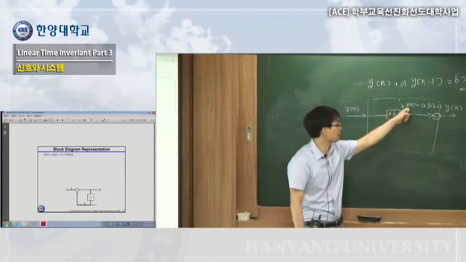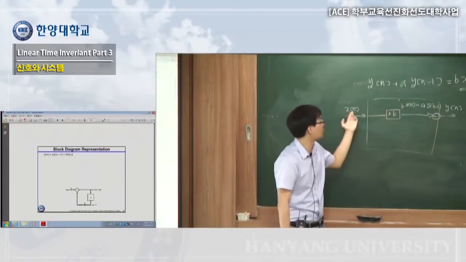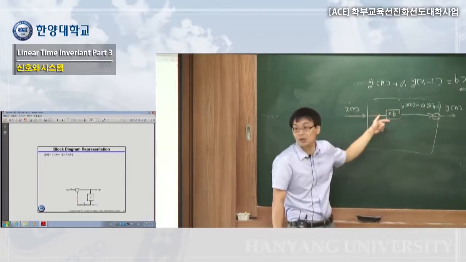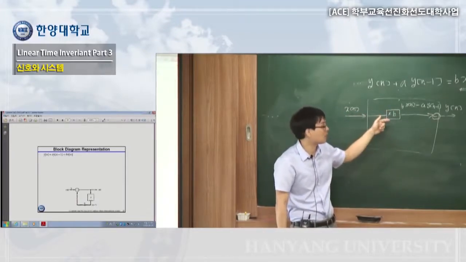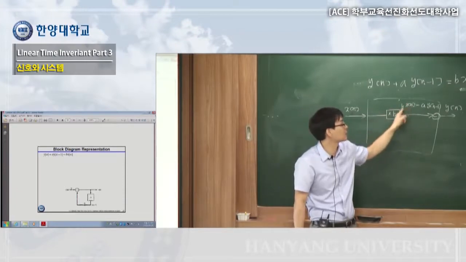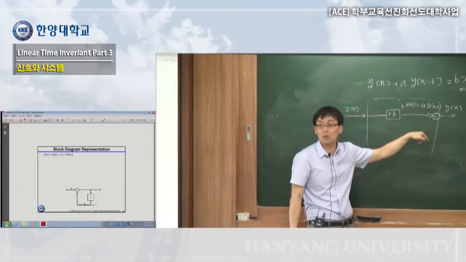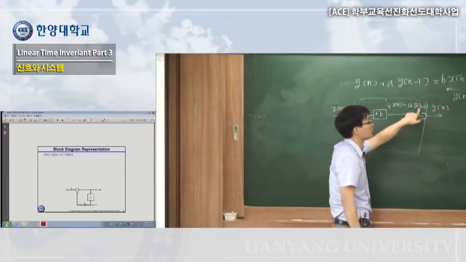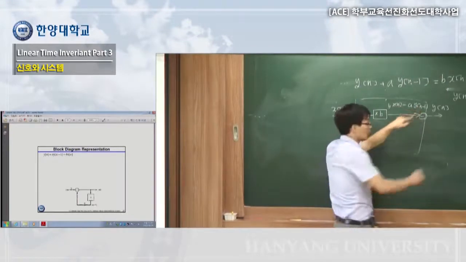For the first one, you have x in here, we extend the line, put a multiplication, say they multiply by b, and that will be the first part. What will be the second part? We should utilize the output.